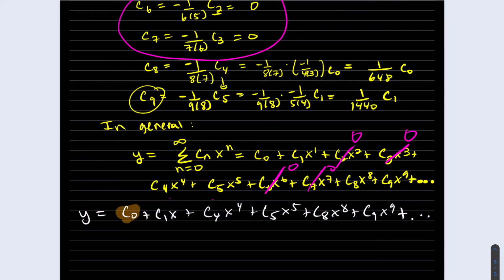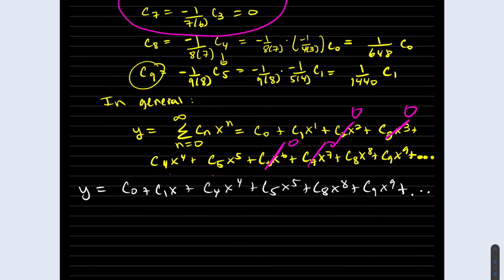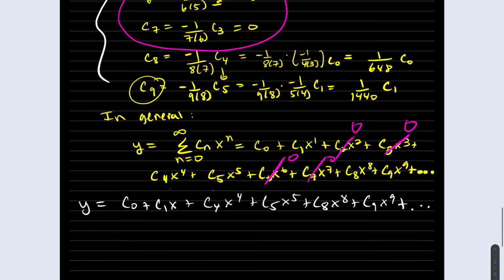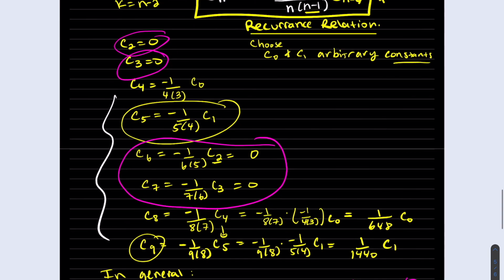Oops, I'm not done. So now what we want to do is use our substitutions from up here again, and finish it off. C naught plus C1 x. It's not up there, right? Those are actually our arbitrary constants.